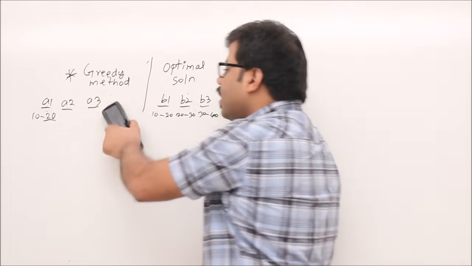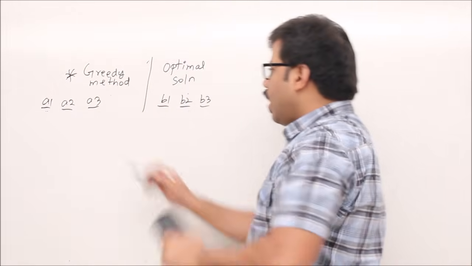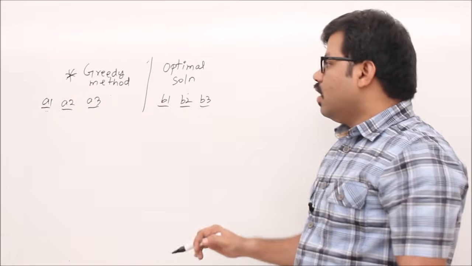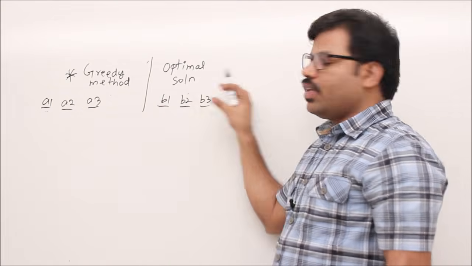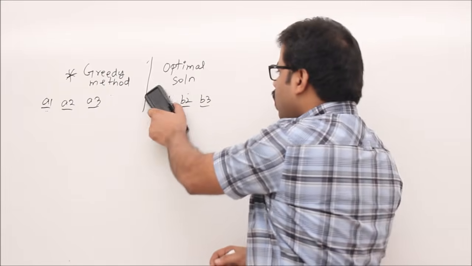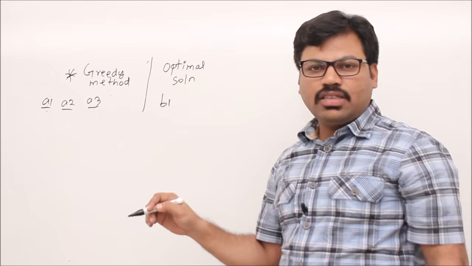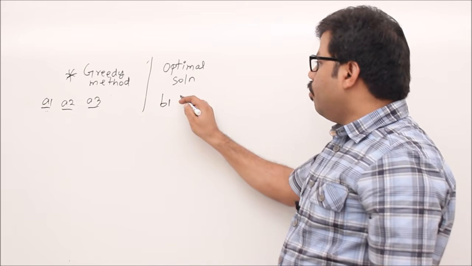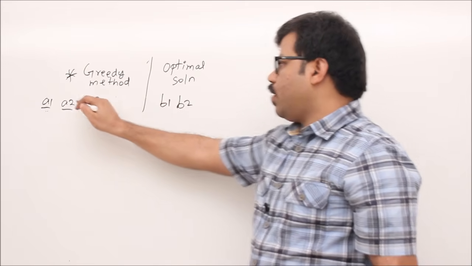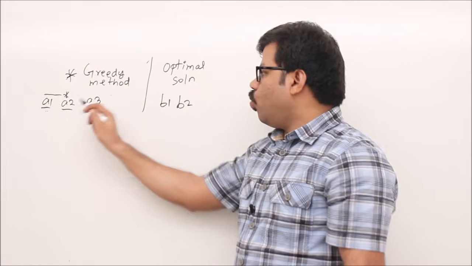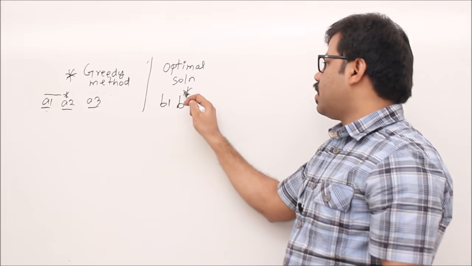Now, we will see the second case where A1, A2, A3 do not match B1, B2, B3. Example, A1 you have, and the optimal solution has B1, both are the same, but B2 is different from A2. That means after some time in the activity list, one activity differs for the first time.